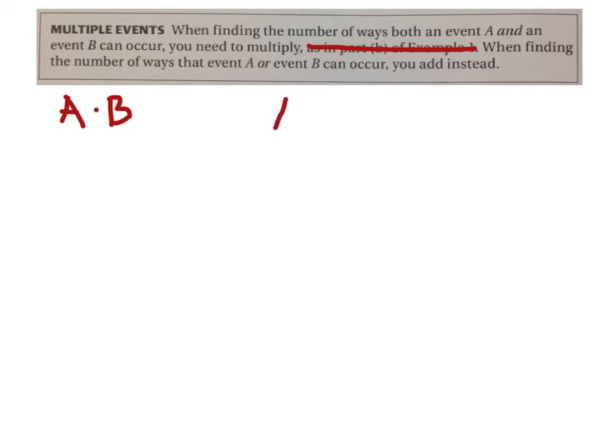You would take all the combinations of A and add them to all the combinations of B. So when you're adding them, it's an OR situation. But if it's both, you have to multiply, because you could have more combinations that way.